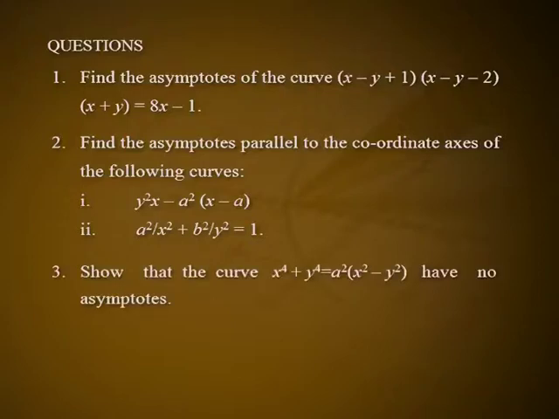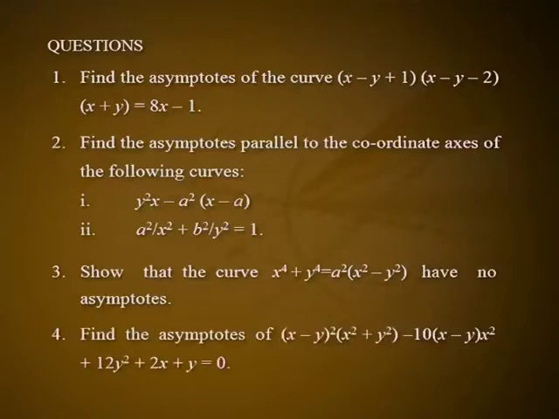Third one, show that the curve x raised to 4 plus y raised to 4 is equal to a square into (x square minus y square) has no asymptotes. Fourth one, find the asymptotes of (x minus y) whole square into (x square plus y square) minus 10 into (x minus y) into (x square plus 12 y square) plus 2x plus y is equal to 0.